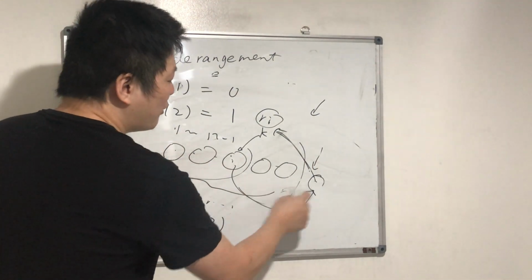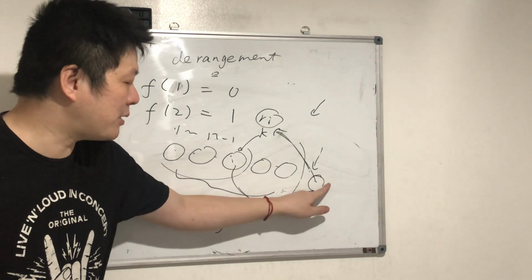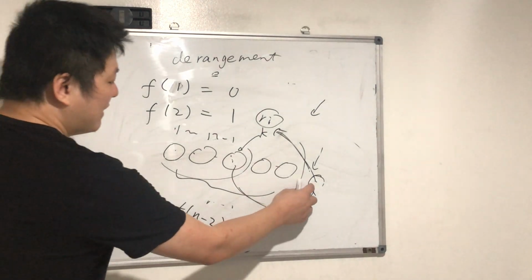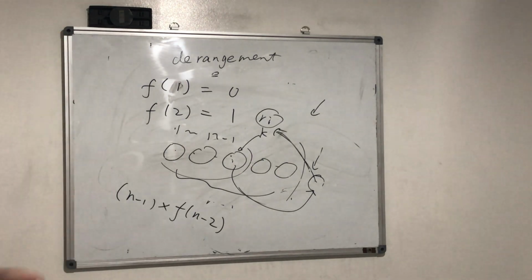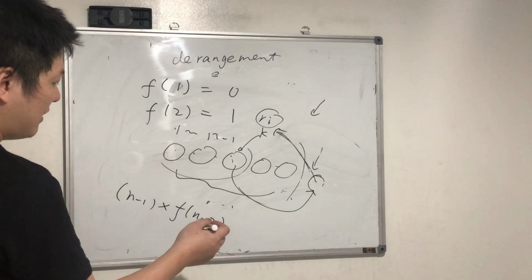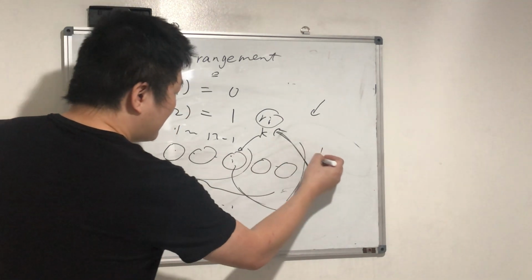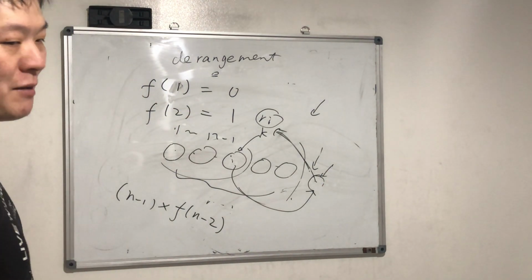And how about if I don't put a k in the last? If I don't put a number k in the last position, then how many positions can I put?